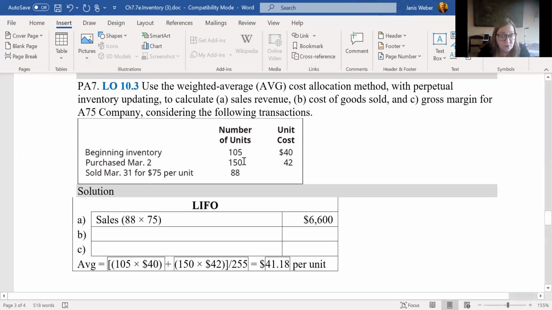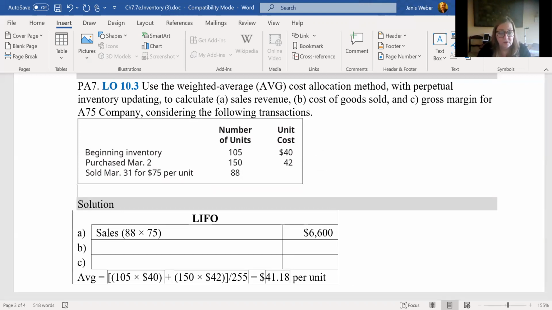I have 105 plus 150, 255. So my beginning I calculated based on 105 times 40 to be 4,200 plus purchases. And I multiplied 150 times 42 to get 6,300. So now my goods available for sale winds up being 10,500.